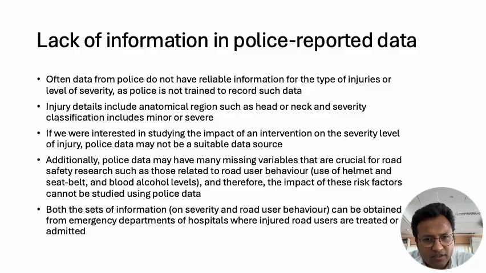Also, police often doesn't report information on what's called road user behavior: whether the victims who were involved were wearing a seat belt if they were car occupants, whether they were wearing a helmet if they were motorcycle or bicycle users, or whether they were drunk, and how much blood alcohol level was there in their blood. All of this information is often missing from police data. It may vary by country, but in India, for example, this information is almost never there.